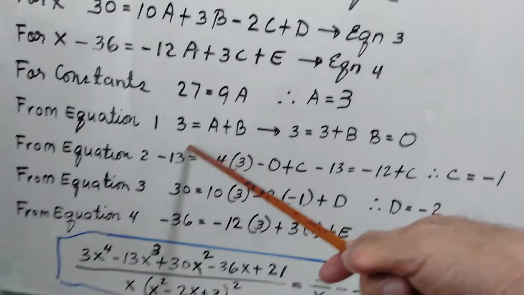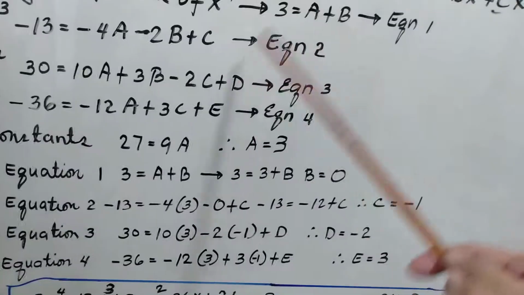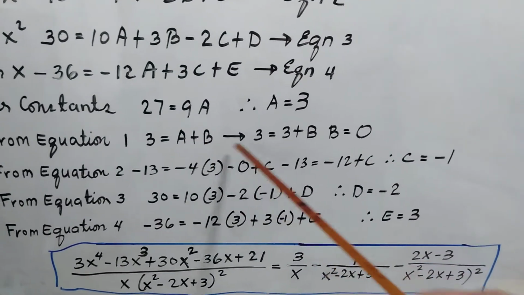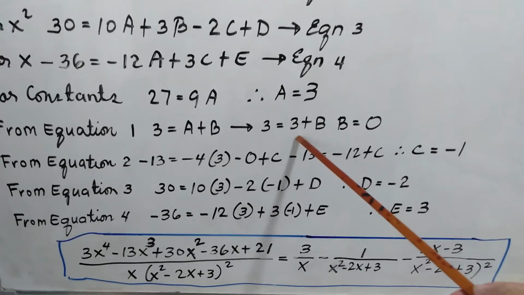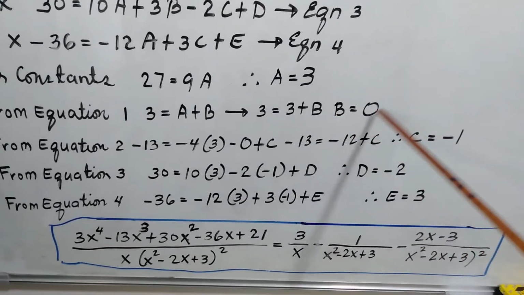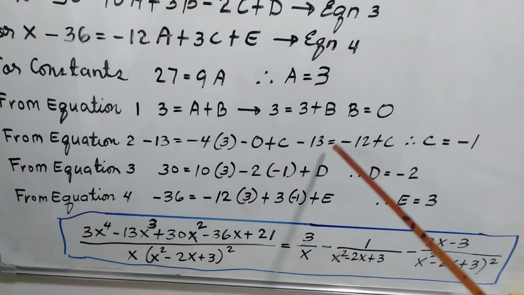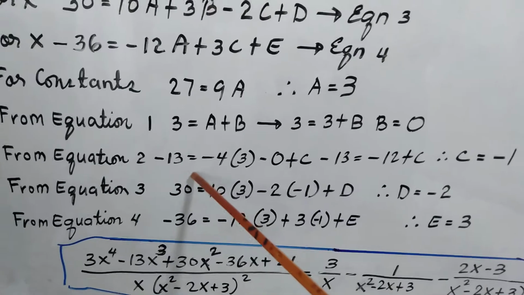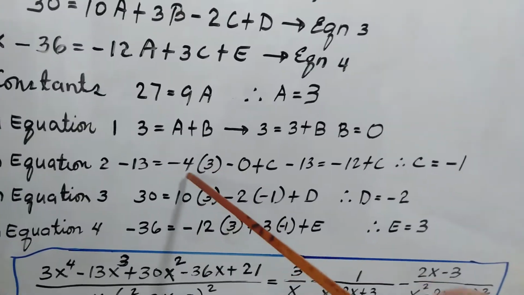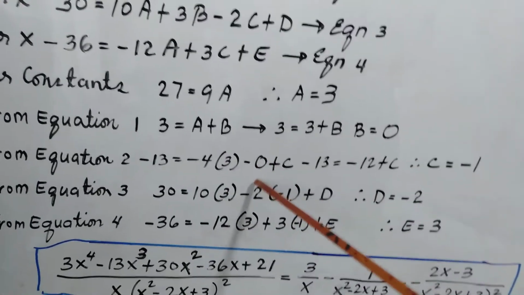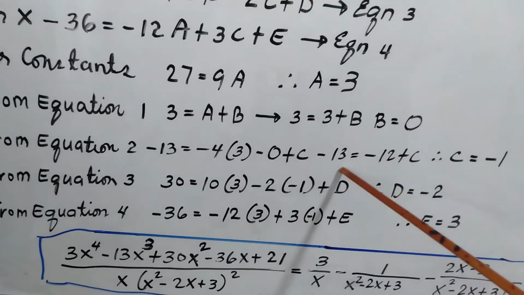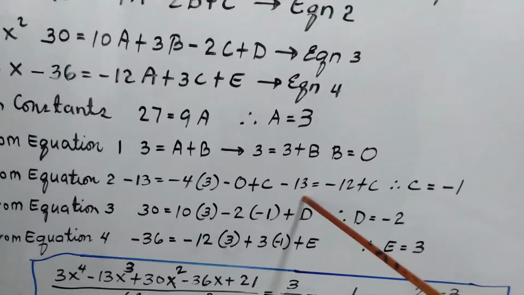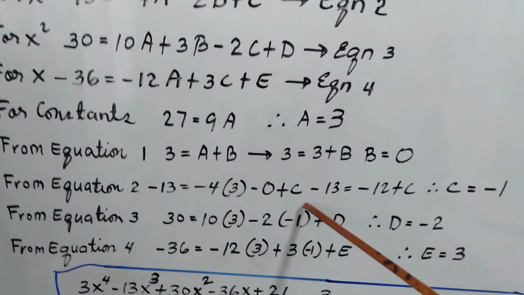Equation 1 is 3 is equal to a plus b. We just copy equation 1. Since a is equal to 3, we can get the value of b to be 0. So we cancel out b. For equation 2, negative 13 is equal to negative 4 times 3, minus b, which is 0, and the terms for d are 0.